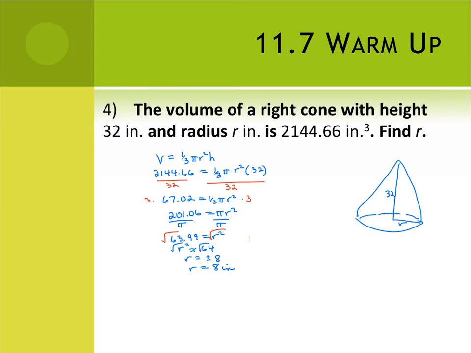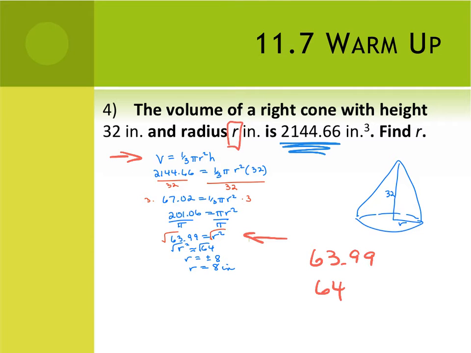Number 4. This time they gave us the volume already calculated for this cone. They want us to find the radius. So again, I'm going to write down my formula and replace the volume and the height and then solve for r. On this one, I actually rounded at this step to 63.99 and I made it 64.